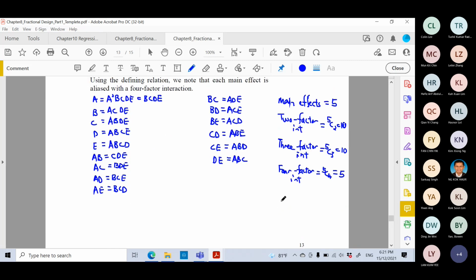Because you can observe from your alias structure here that you can only calculate 15 effects, because the effect of A and BCDE are combined together. So altogether you have 15 effects here.